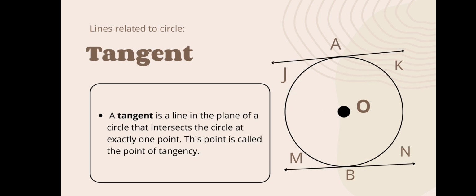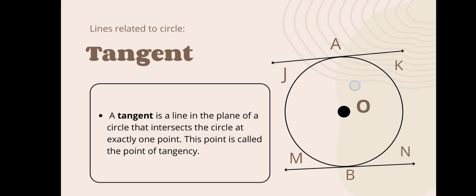Next one is the tangent. A tangent is a line in the plane of a circle that intersects the circle at exactly one point. This point is called the point of tangency. So, in order to determine that it is a tangent, we're going to locate the point of tangency first.